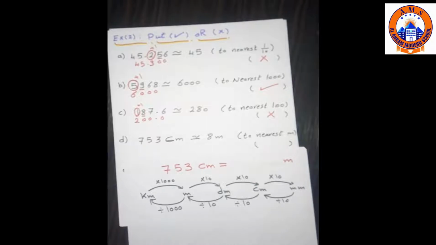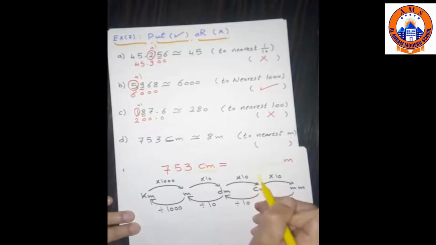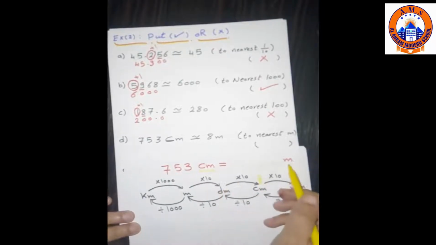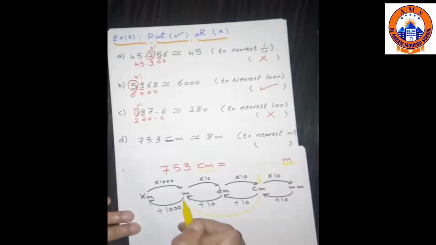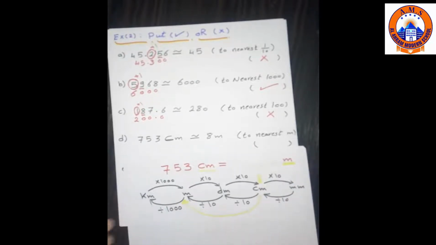So now we have the number beside the centimeter, so we are standing at the centimeter, and we want to go back to meter, so we have to move from centimeter all the way back to meter, so we're going to divide by 100.